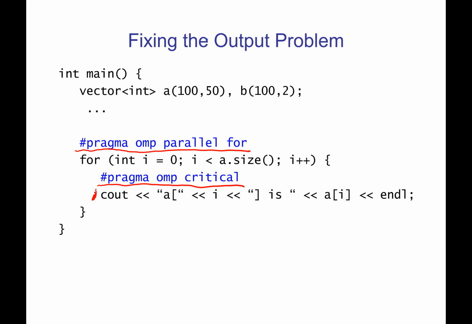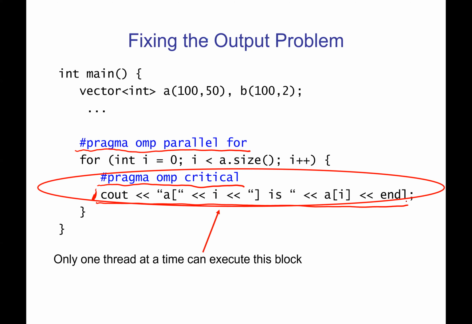So OpenMP will automatically create what are called lock variables, or mutexes, and it'll make sure that only one thread is actually executing it at the same time. So if you do that, the output will come out line by line, and the lines could still be interleaved, but each line will make sense because only one thread can get its cout at a time to print out this line.